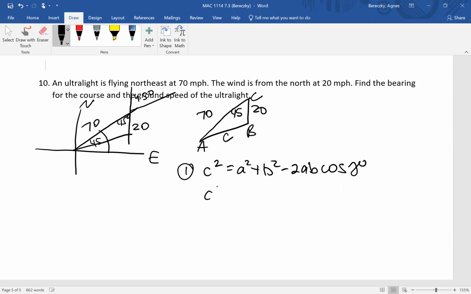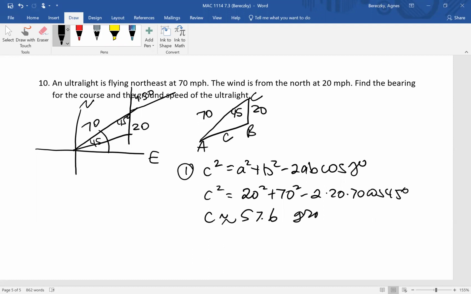So C squared equals A is 20 squared plus 70 squared minus 2 times 20 times 70 cosine 45. C is approximately 57.6. So that's going to be our ground speed.